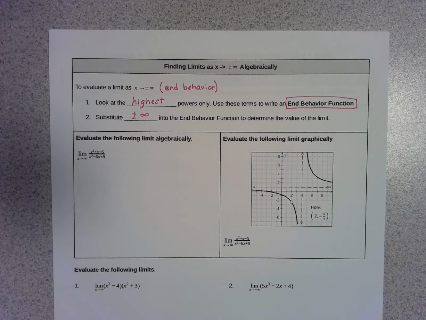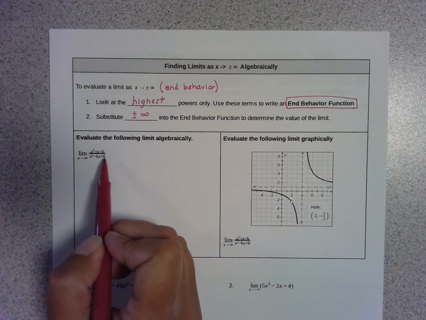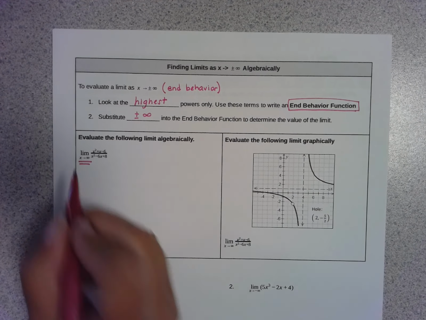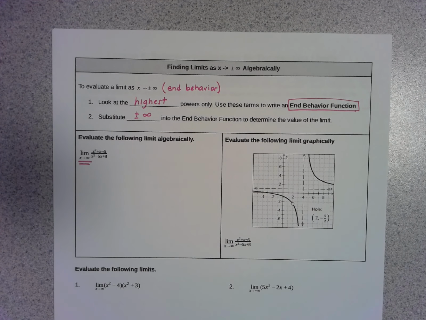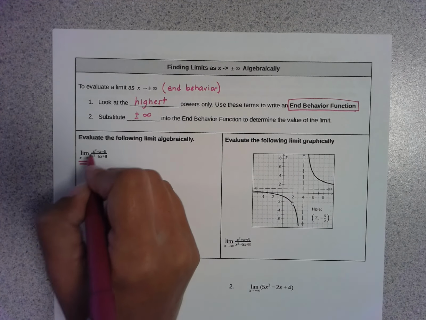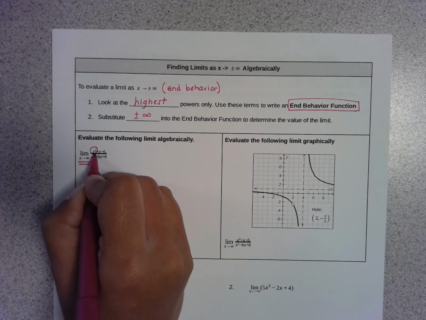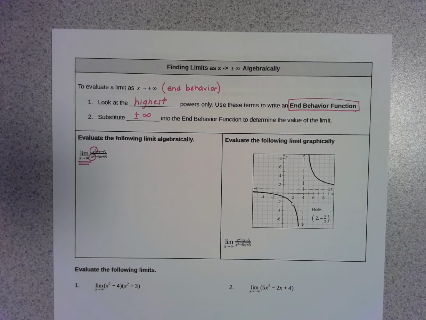So for example, if I were to give you this equation and say find the limit as x approaches infinity, by seeing x approaching infinity, I always think if it's a very large number, I only want the highest powers. Now, the highest power in the numerator is the x squared, and the highest power in the denominator is the x squared.